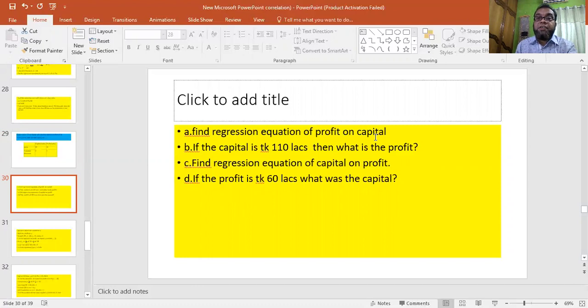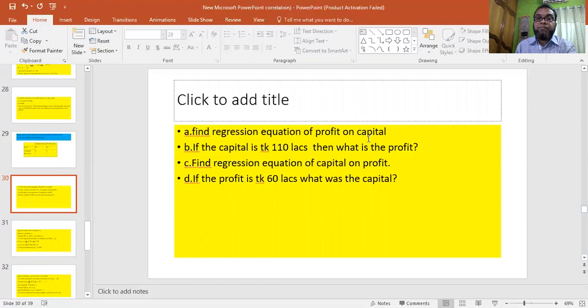The regression equation. Of whom? Of profit. On which? On capital. That is, profit is the dependent variable and capital is the independent variable.